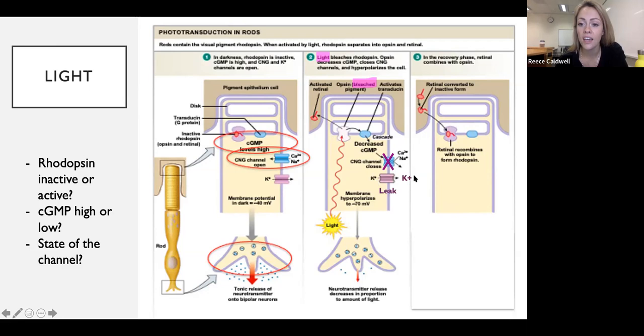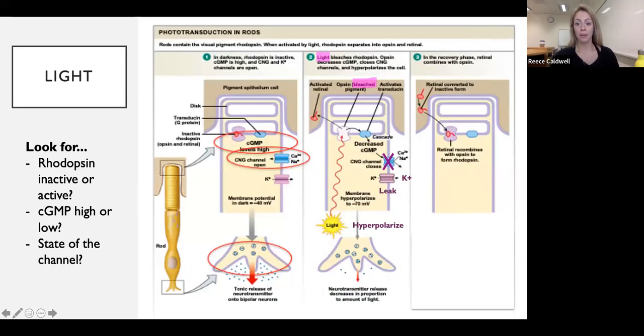And if we're leaking out one of our positive ions, what is this going to do to the voltage of the cell? It's going to cause the voltage to become more negative. So the cell will become more negative, and when the cell becomes more negative, that will cause the cell to hyperpolarize, so that it will continually become more negative and we will have hyperpolarization.